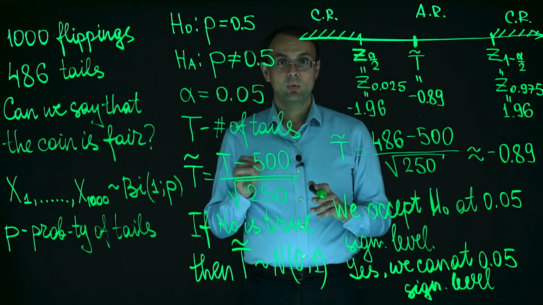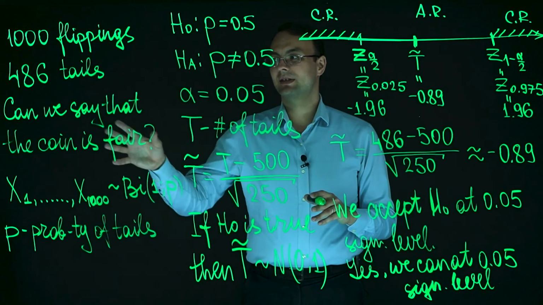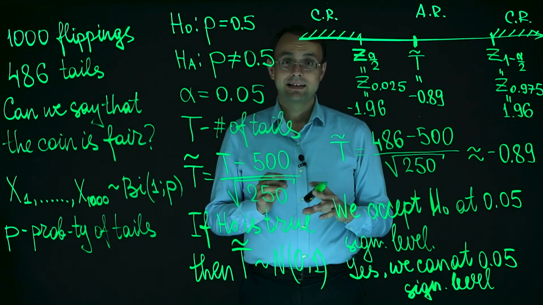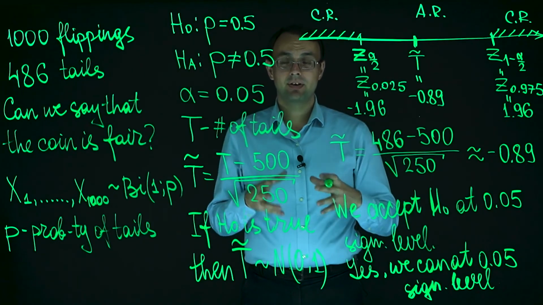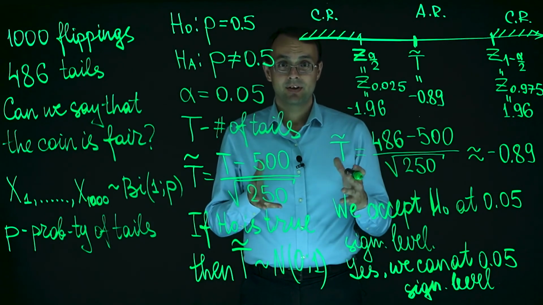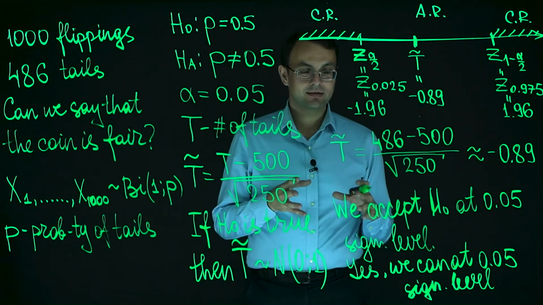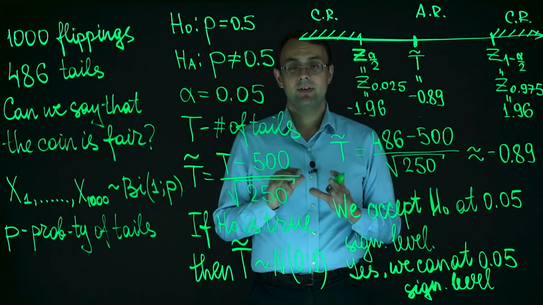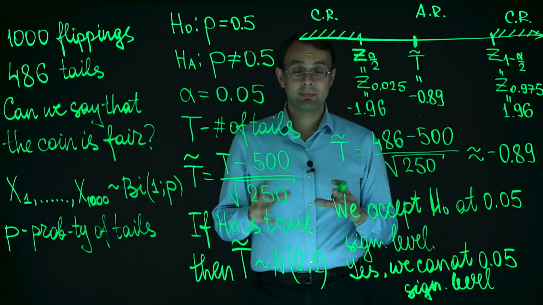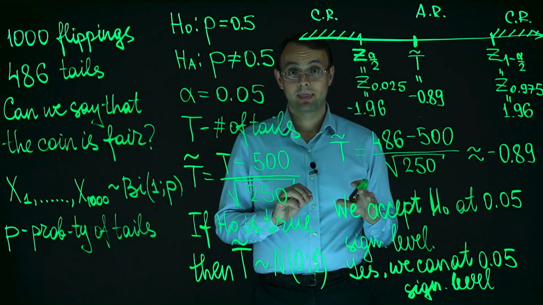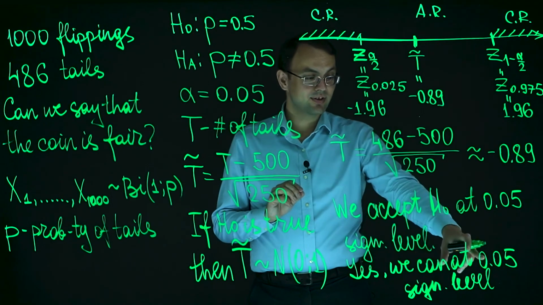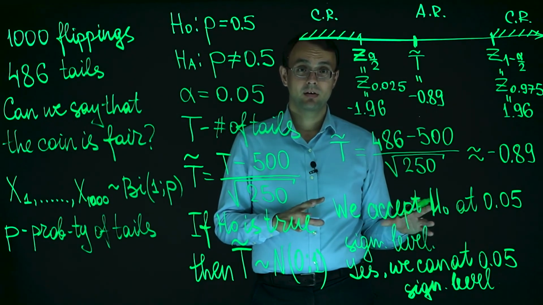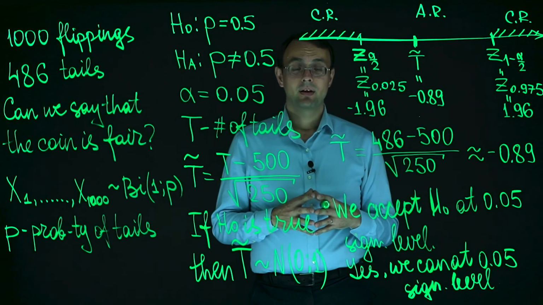We won't explain this situation completely. So we are to say that yes we can at 5% significance level. That means that there is a possibility of type 2 error. And this 0.05 is the probability of type 1 error, the probability of false positive.